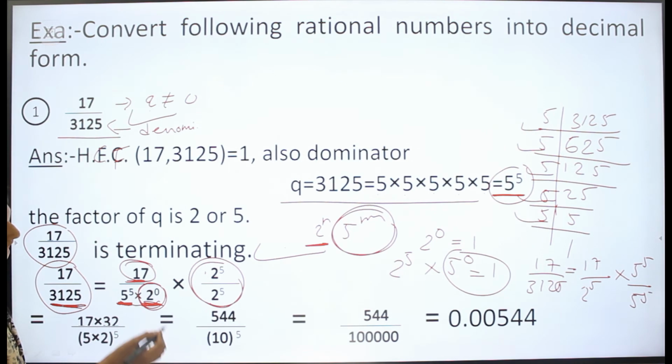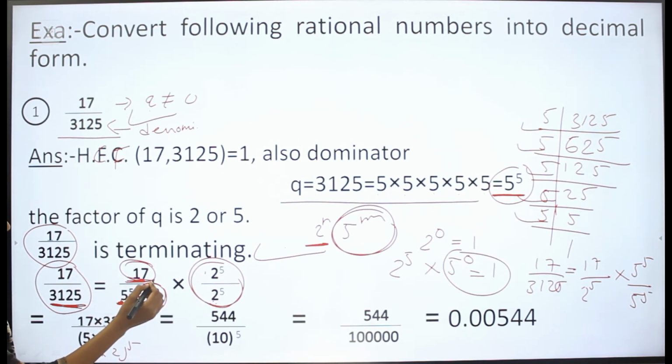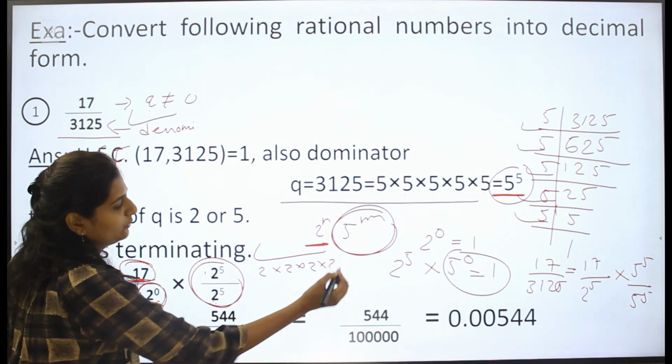Now you can take this as common, that 5 raised to 5 and 2 raised to 5 both have power 5. So you can write it in bracket as 5 multiplied by 2, raised to 5. Here we have written 2 raised to 5 as 2 multiplied by 2 multiplied by 2 multiplied by 2 multiplied by 2.